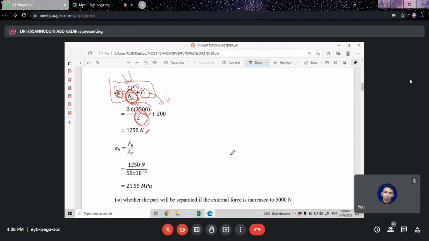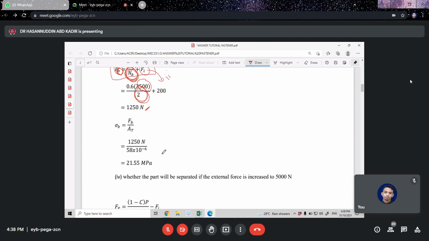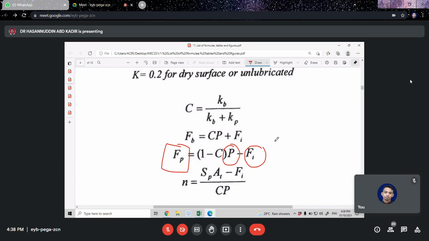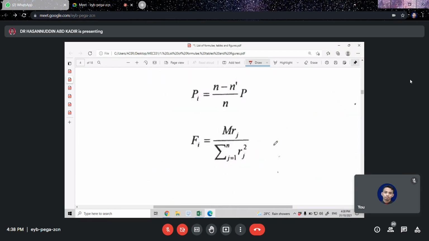Then as mentioned before, stress on the bolt is basically the force on the bolt divided by 80. Where you get the value of 80 here is 58 multiplied by 10 to the power of minus 6. So please refer to your list of formula, on your table, to find the value of 80.